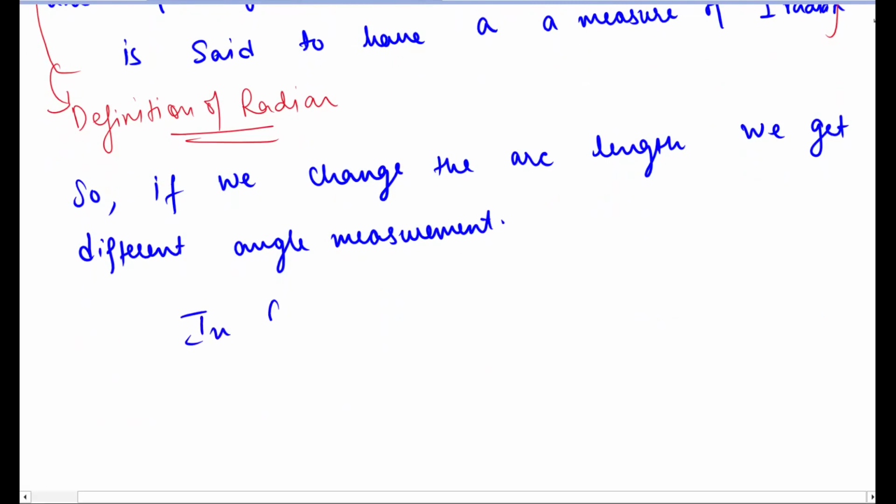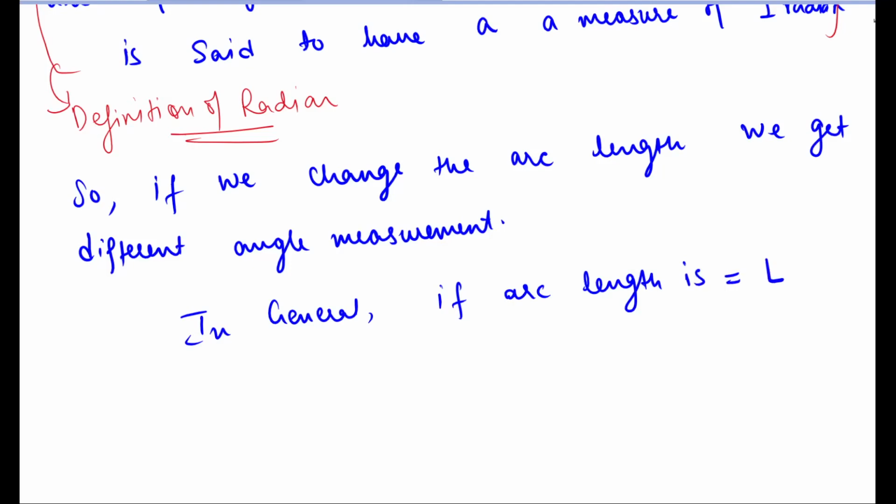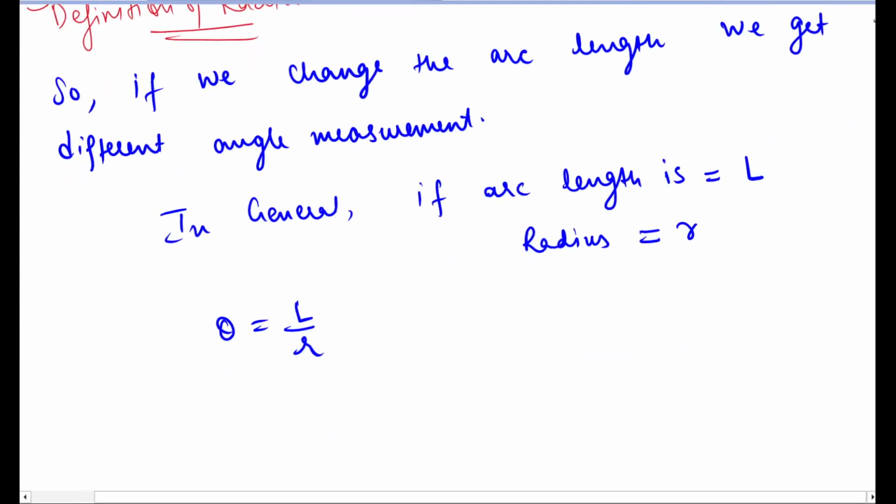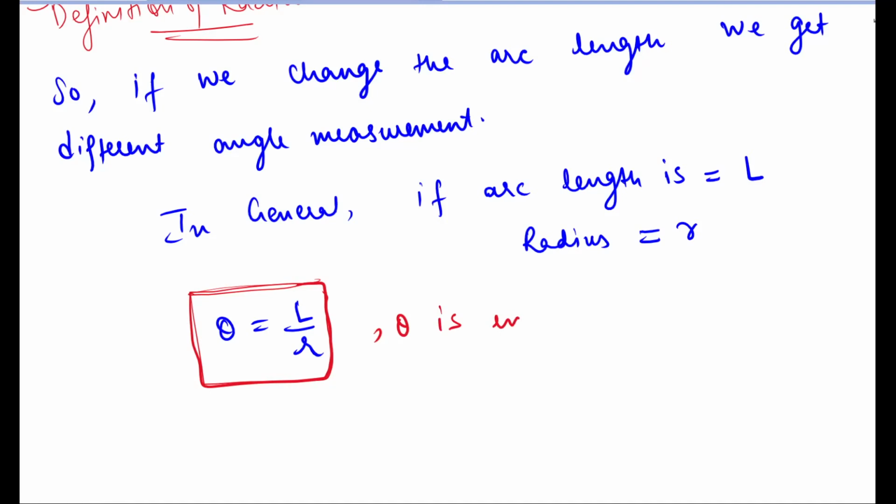So in general, if arc length is equal to L and radius is equal to R, then theta is equal to L by R. So this is a basic formula, where theta is in radians.